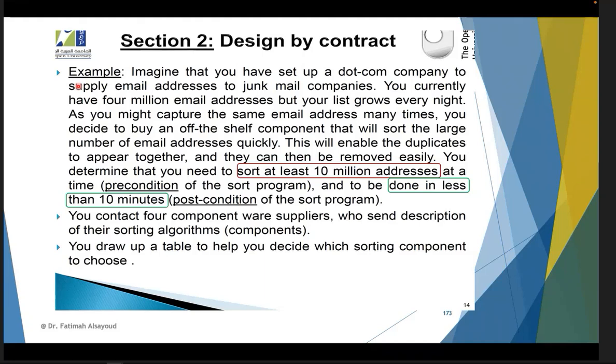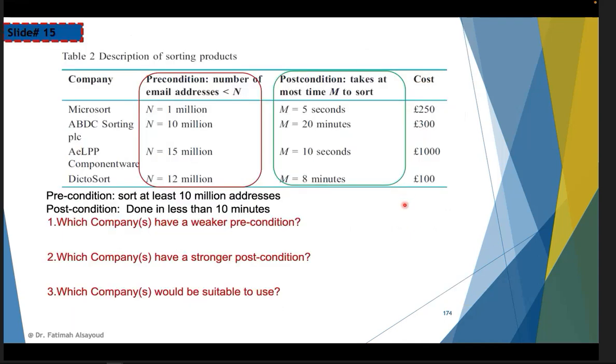This example was already in the slide: I have a company that would like to sort 10 million addresses within 10 or fewer minutes. So the precondition is sorting 10 million addresses, and the postcondition is within less than 10 minutes.